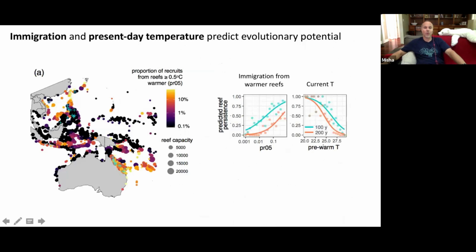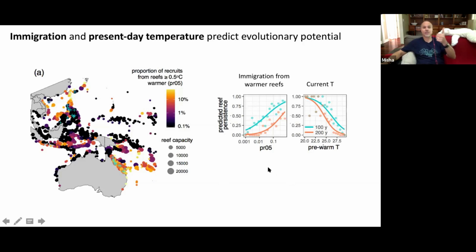So why are things surviving in some places? And we came up with 2 simple predictors which explain why some places are surviving better than others. And the predictors make a lot of sense and they're pretty good predictors actually.